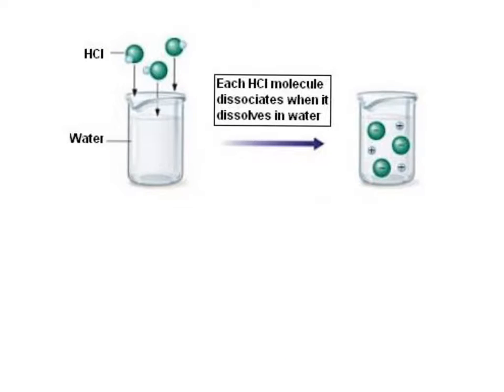Another example would be hydrochloric acid molecules. Now this is a little bit different. Sodium chloride, the ionic compound we just looked at, had ionic bonding. It was composed of cations and anions. Hydrochloric acid, on the other hand, is a covalent compound.